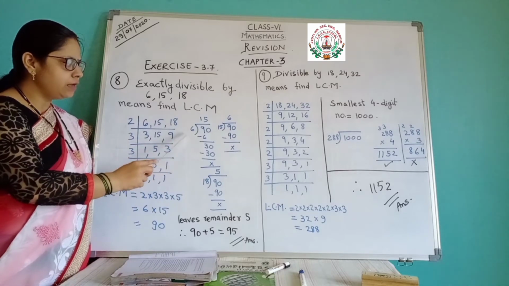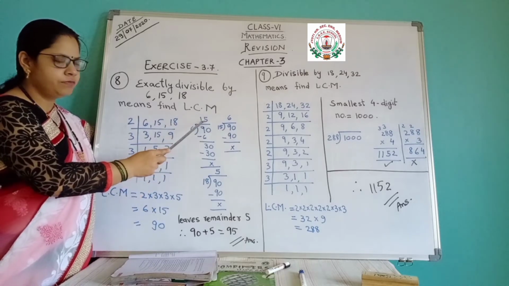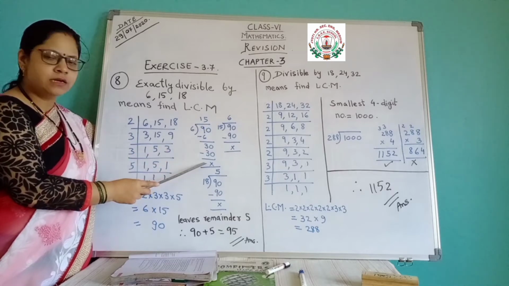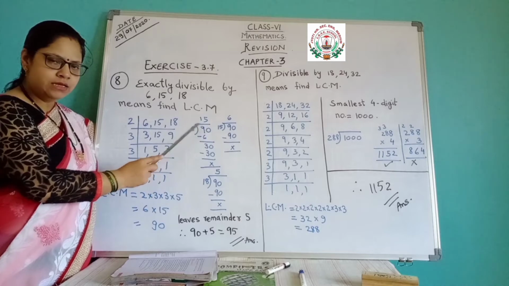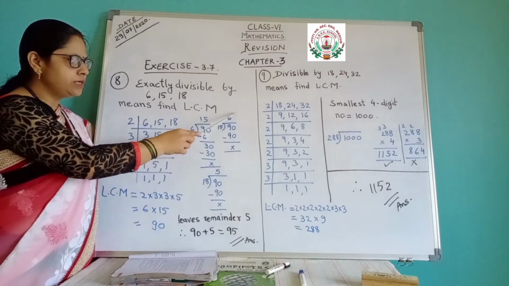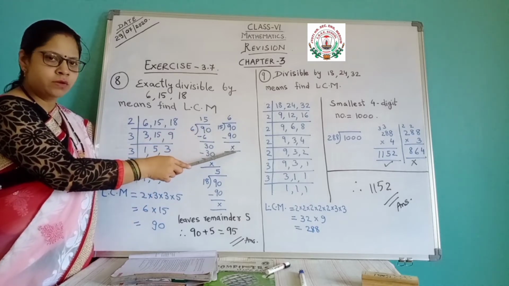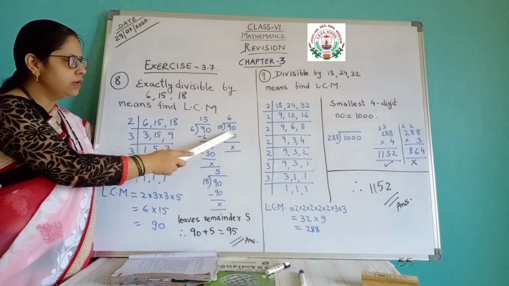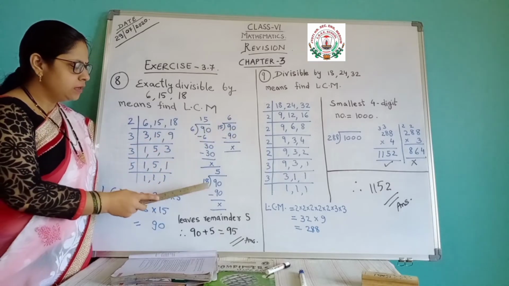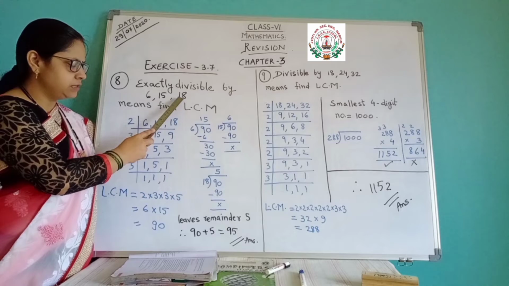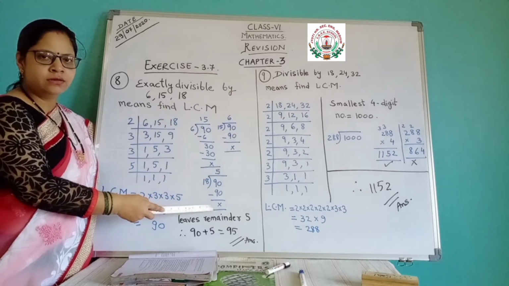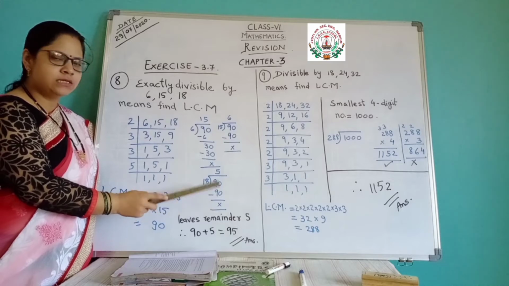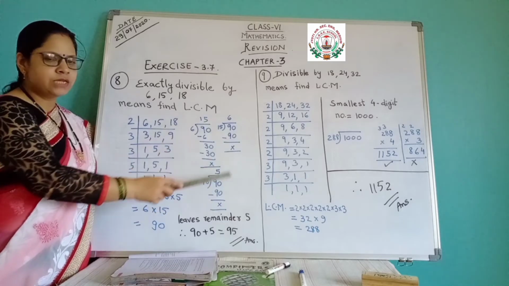We are checking here, it is completely divisible. 15 we are getting as the answer here. Completely divisible means we are not getting any remainder. Here also it is completely divisible, no remainder, getting 6 as the answer. With the third number 18, we are getting 5 times, with no remainder, so it is completely divisible. We have checked it.